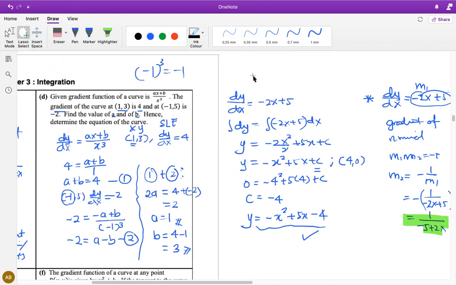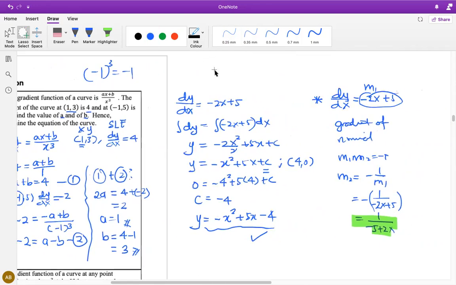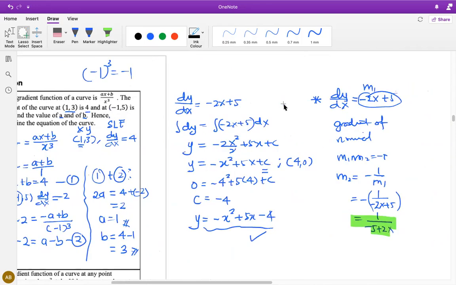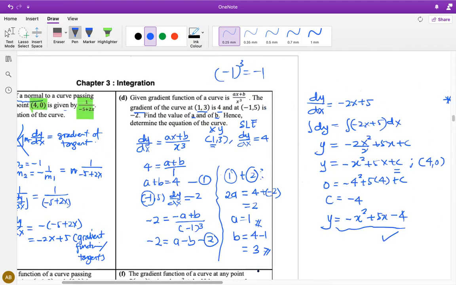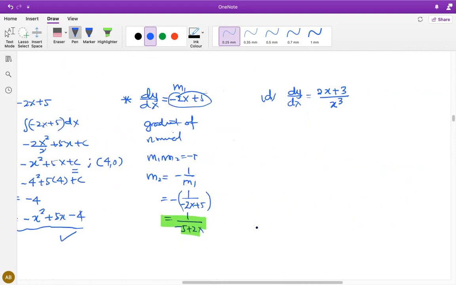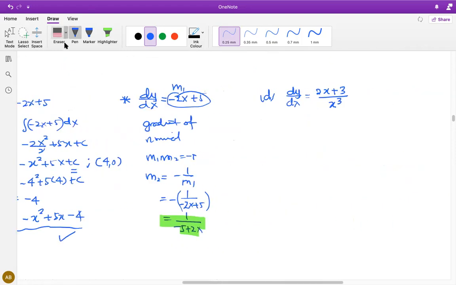Go to this slide D here. All right, so now for D, I have dy/dx is ax plus b over x cubed, right? a is 1, sorry, a is 1, b is 3.